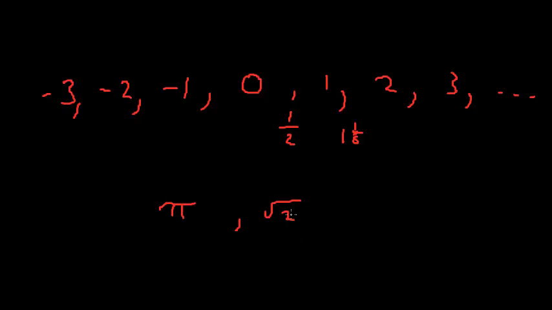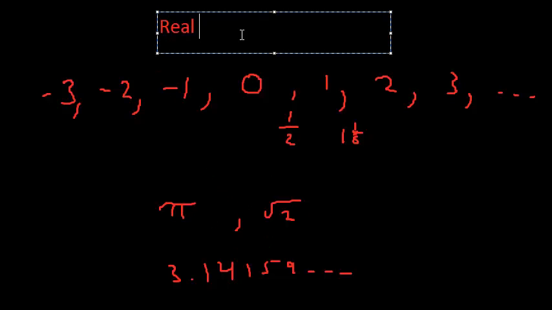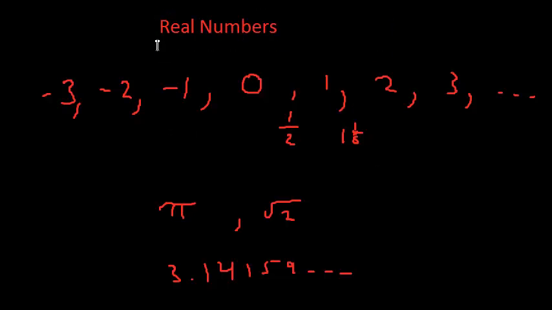These are numbers whose decimals, for example 3.14159, go on and on. Pi is a decimal that goes on forever and never repeats, so it is irrational. All of these numbers combined, the integers, the rational numbers, the irrational numbers, are what are called the real numbers.